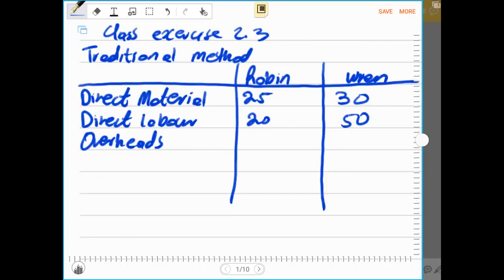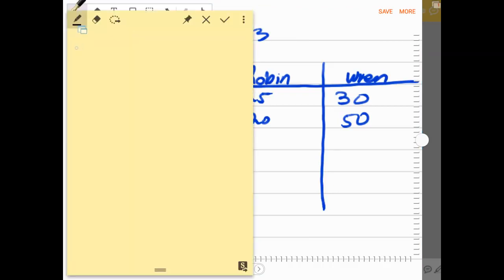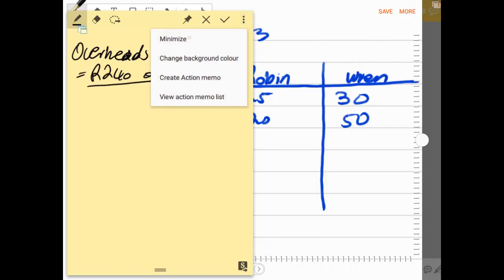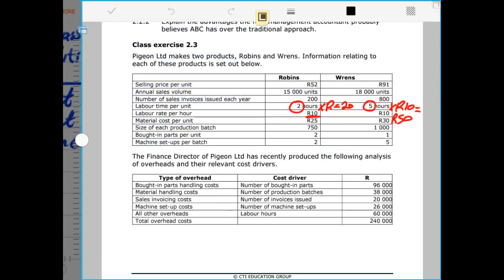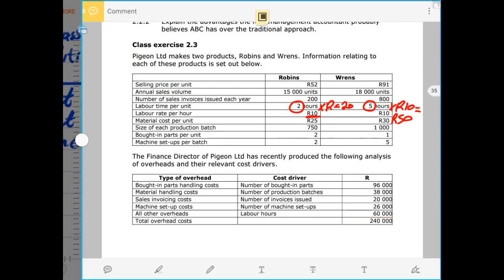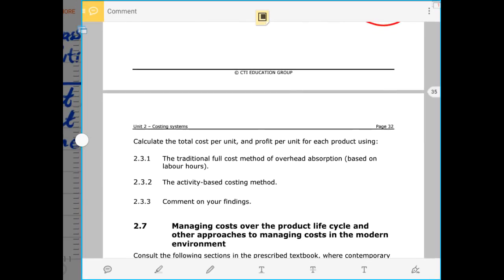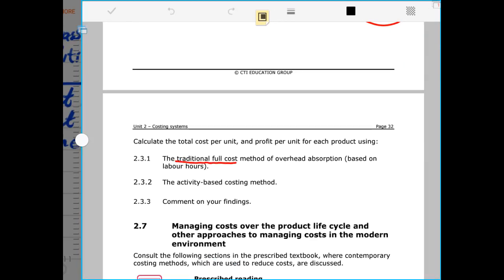So in calculating overheads using the traditional method, we know that our overhead rate, or absorption rate, is equal to 240,000 rands divided by, remember, it was given that our total overheads are 240,000 rands, and we are allocating our overheads using the traditional full costing method where labor hours is the base.